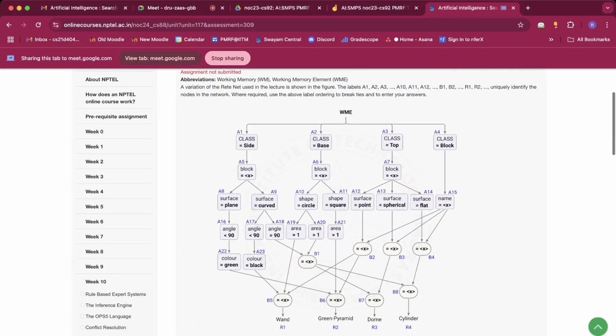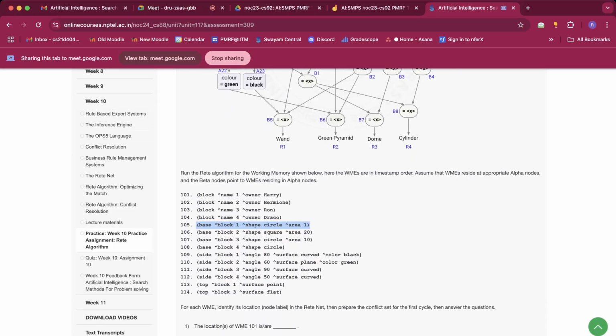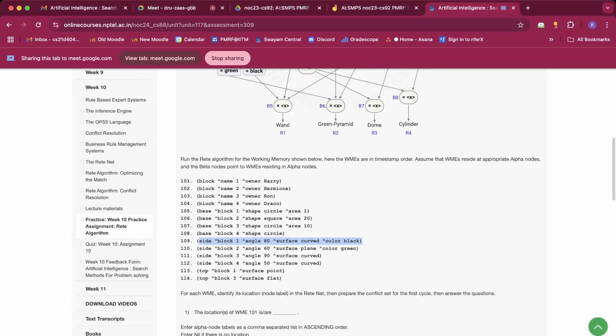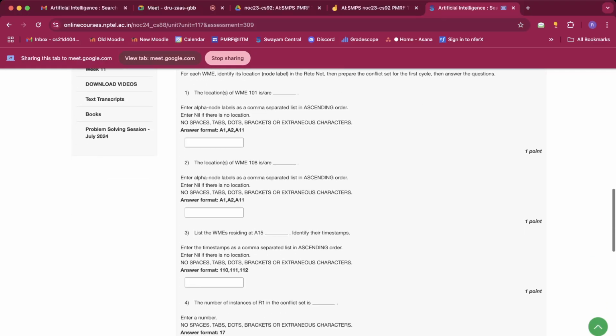Now let's look at the other source of information, which is surface is curved at an angle less than 90 and the color is black. For block 1 the side angle is 80, which is less than 90, surface is curved and the color is black. So if we combine rules 101, 105 and 109, there is only one such combination that we could apply.